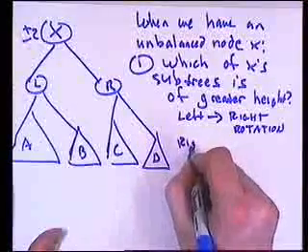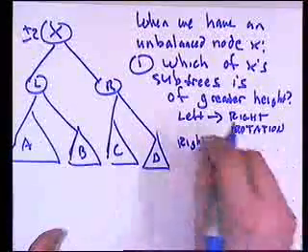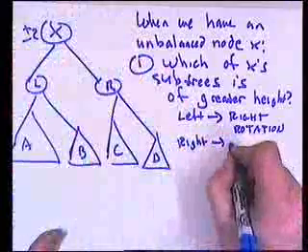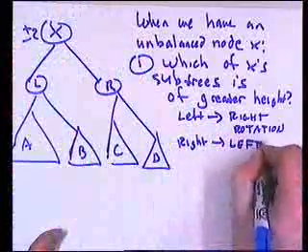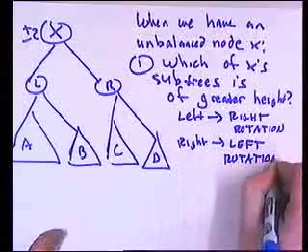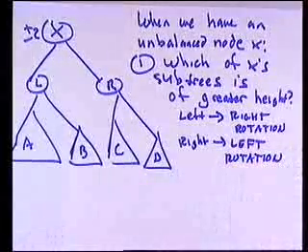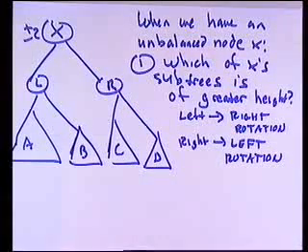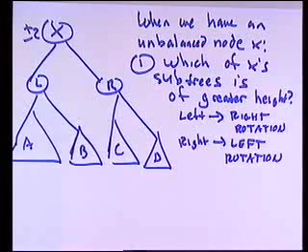Likewise, if the right subtree had been the one with the greater height, we'd need to rotate some nodes to the left to fix that. So that's question 1. If there are more nodes on the left side, you rotate to the right to fix that. If there's greater height on the right side, you rotate to the left to fix that.